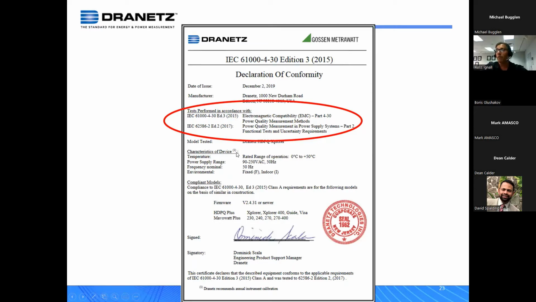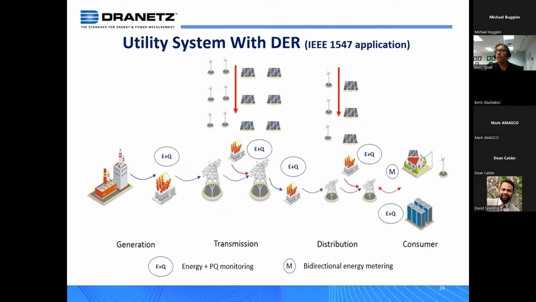This happens to be the cover letter, or the declaration of conformity, the compliance certificate for these standards. And that's backed up with pass-fail of every major portion of this 62586, which tests for flicker, harmonics, and other aspects of the 61000-4-30 standard.